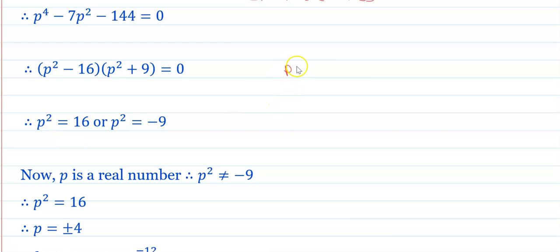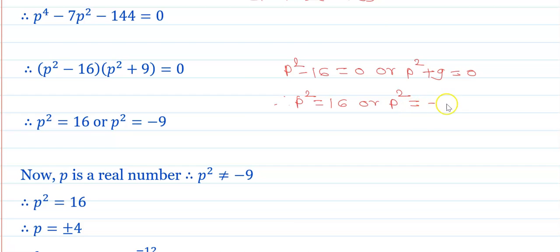Therefore, p square minus 16 equals 0, or p square plus 9 equals 0. So p square is equal to 16, or p square is equal to minus 9.